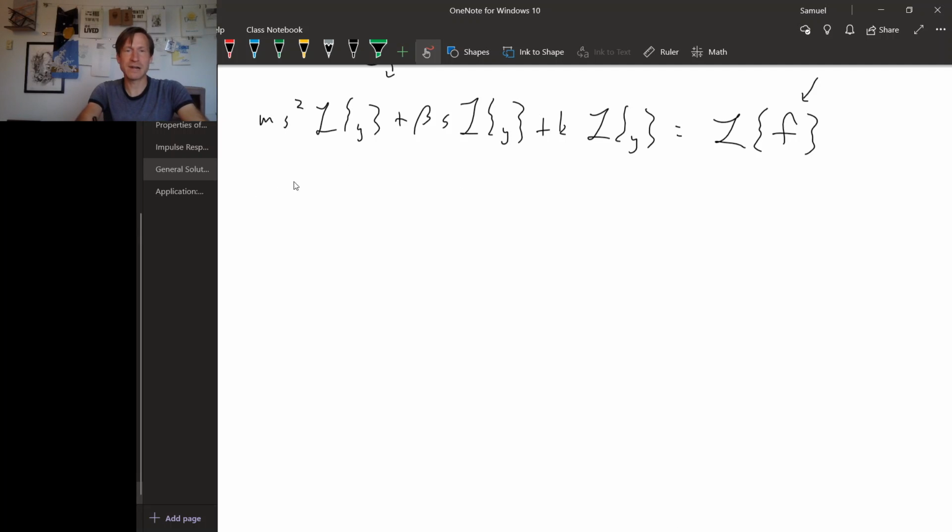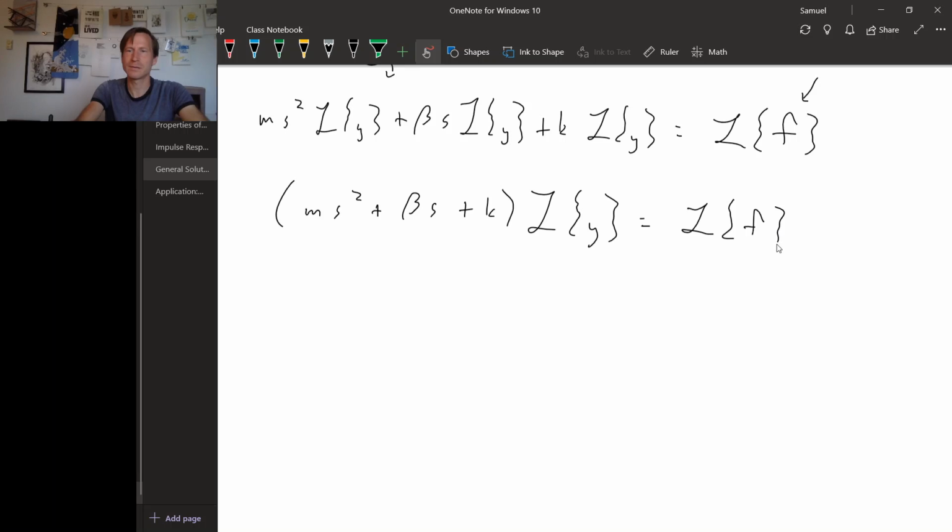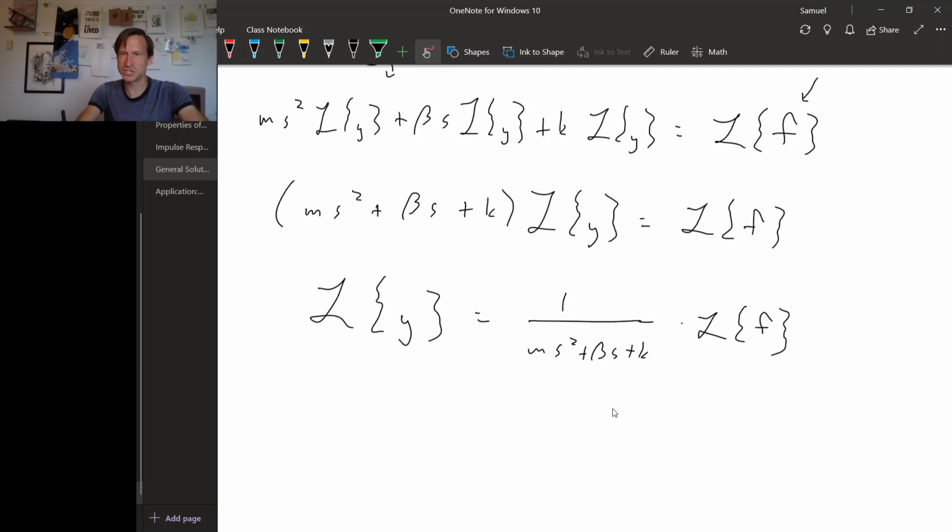Then, as usual, factor out the Laplace transform of y. So ms squared plus beta s plus k times the Laplace transform of y equals the Laplace transform of f. Okay, so the Laplace transform of y is 1 over ms squared plus beta s plus k times the Laplace transform of f. And this is multiplication right here.